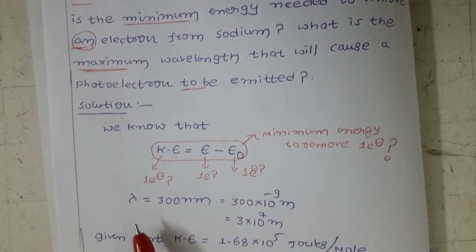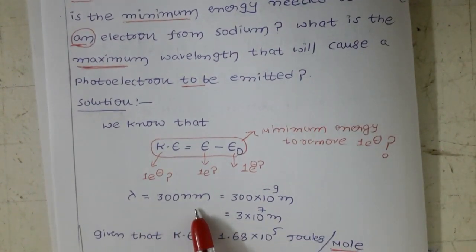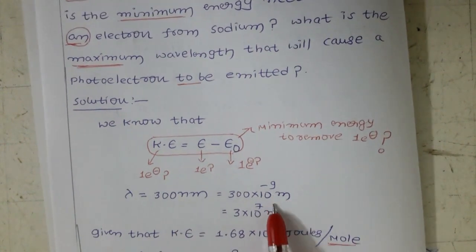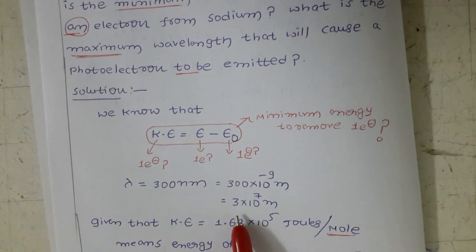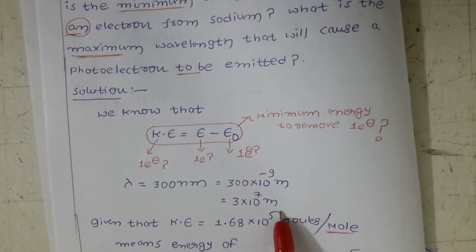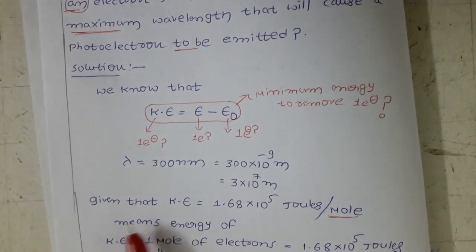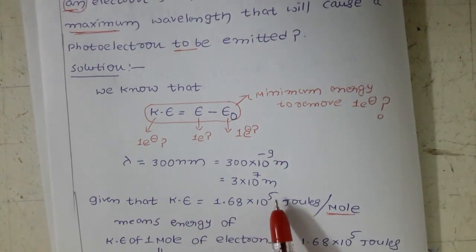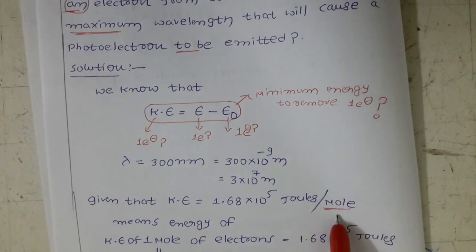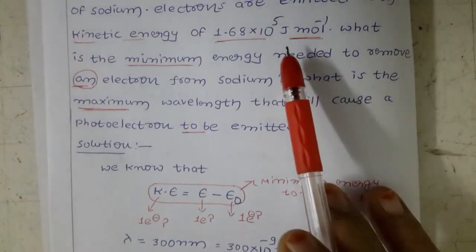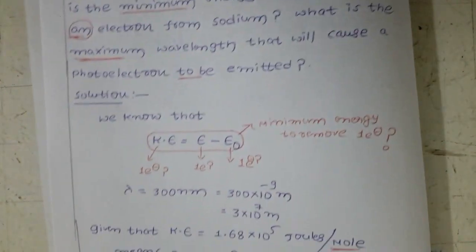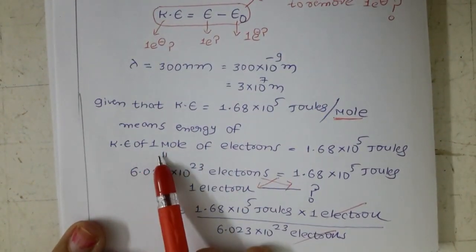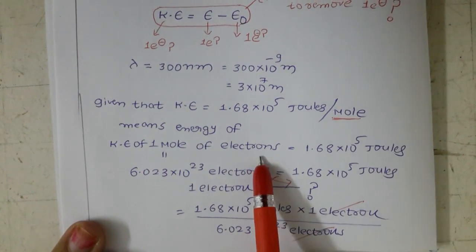Now let us see, lambda is given as 300 nanometers. Nano means you are going to convert to 10 to the power of minus 9 meters. If you go for the simplification, 3 into 10 to the power of minus 7 meters. Now, the kinetic energy is given as 1.68 into 10 to the power of 5 joules per mole. Joule per mole means the kinetic energy of 1 mole of electrons.